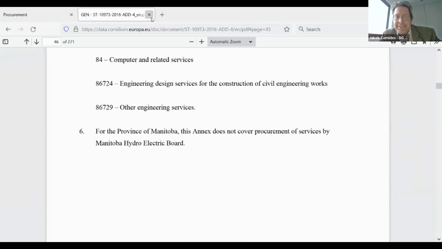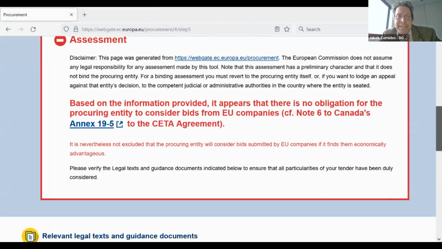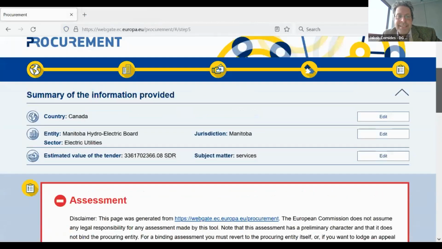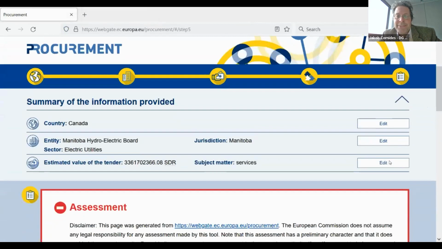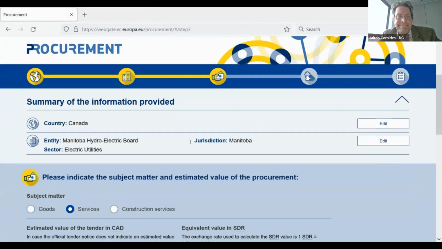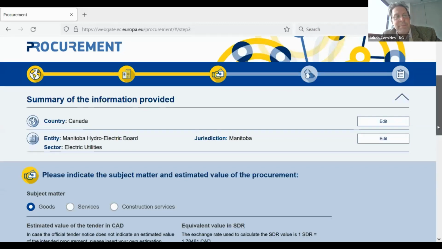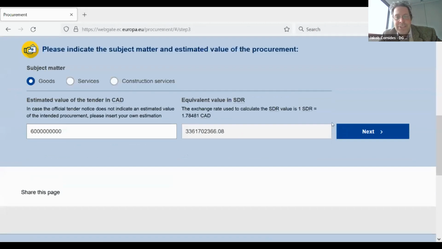Bad luck. But in fact, maybe I made a little mistake. It was not services that they wanted to buy. I must have misread the tender notice, or maybe I have misclicked on this page, but this time I got it right. They are buying goods.